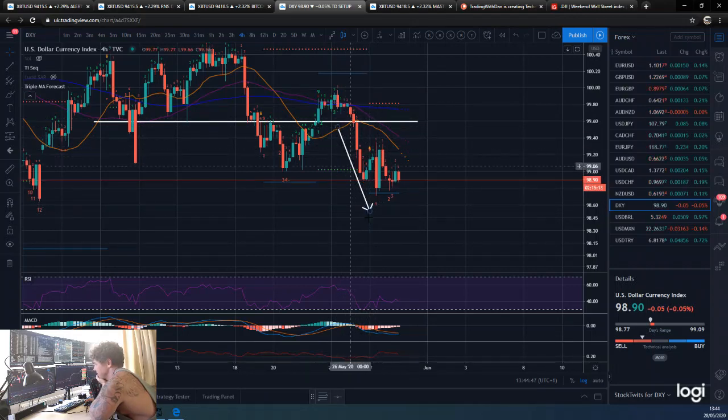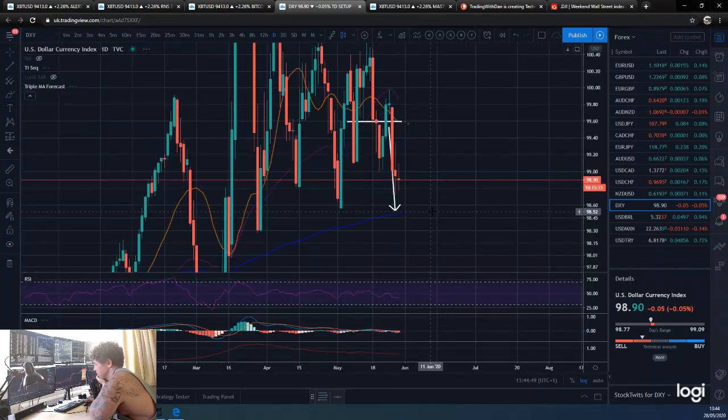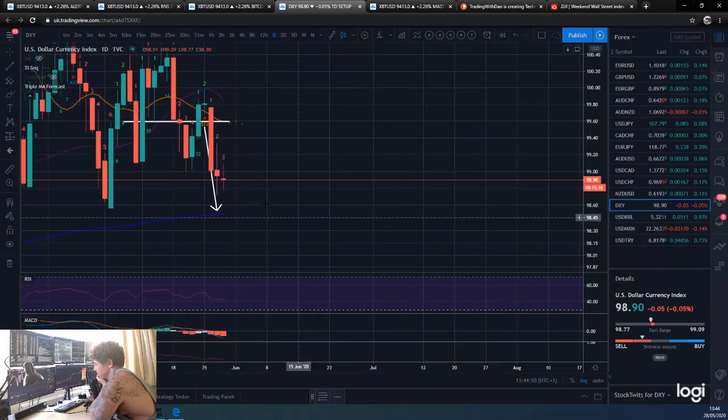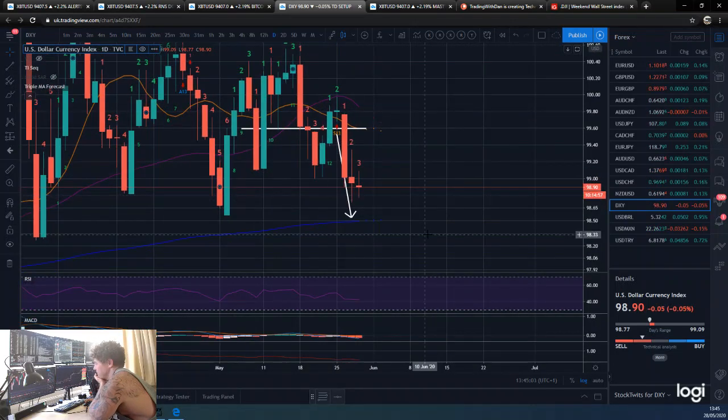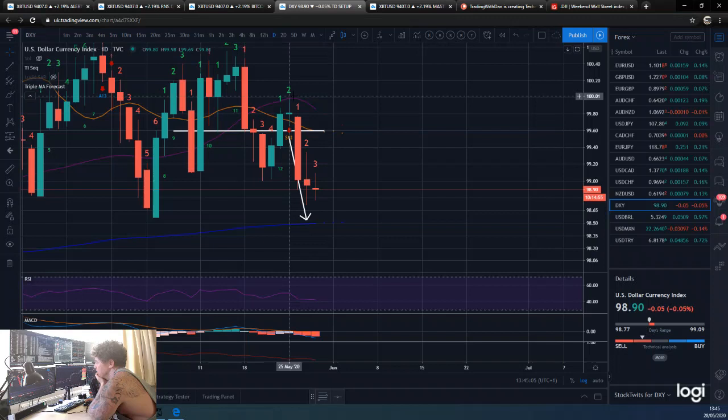But yeah, I would near enough say this is basically at the target. Maybe a little bit more juice in it, but we are getting some indecision candles, potentially reversal. So maybe that's done. Maybe you're looking for dollar strength now. So maybe be careful of your gold longs and your Bitcoin longs. Bitcoin's having a bit of a move.